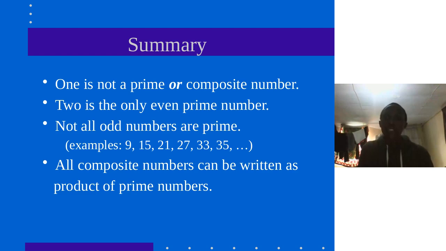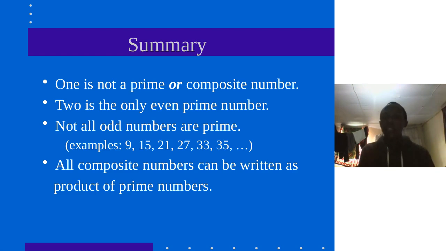And then class, what you need to know is that not all odd numbers are prime. For example, 9 is not a prime number because it can be divided by 3 to get 3. It can also be divided by 9 and by 1.